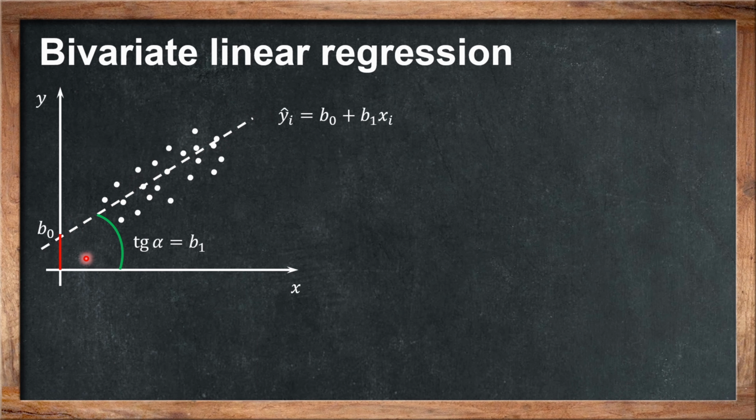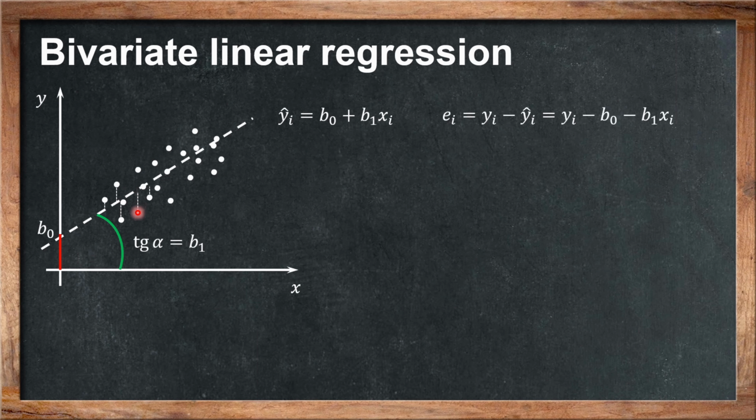Let's introduce the error term. The error term, or the residual, is the difference between the true value of the dependent variable y and the modeled value. It would look like this.